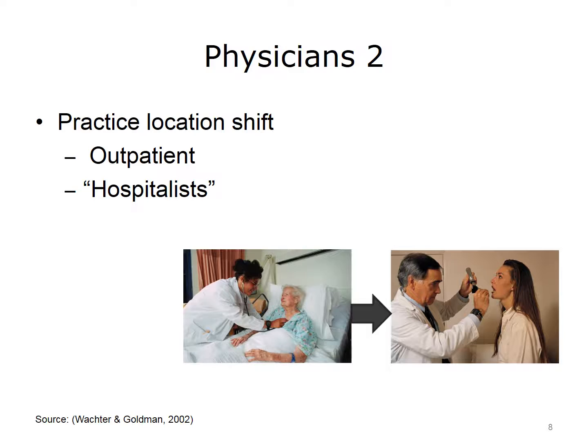Many procedures that used to occur in hospitals are now performed in the outpatient setting. While most doctors see their patients in the office as well as the hospital, we have seen the rise of a new medical specialty called hospitalists, who practice exclusively in the hospital and oversee the patient's diagnosis and treatment while the patient is in the hospital.